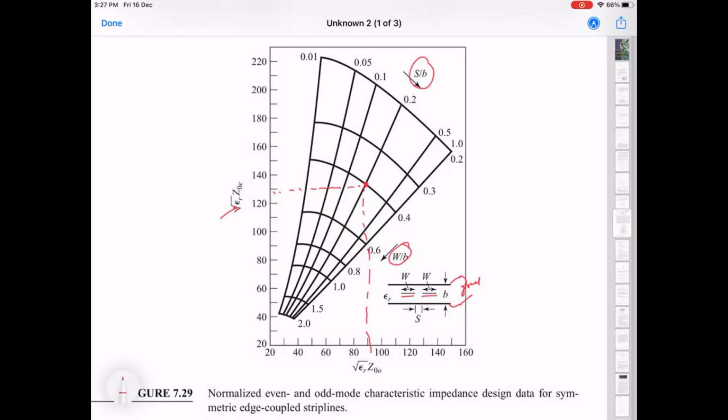Let's do the reverse. If my two transmission lines are far away so that they're not interacting, what would be the even and odd mode impedances?